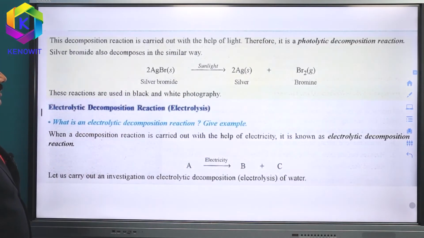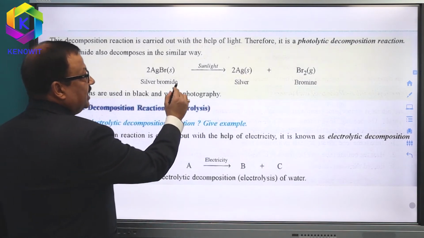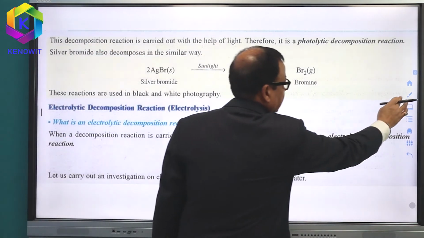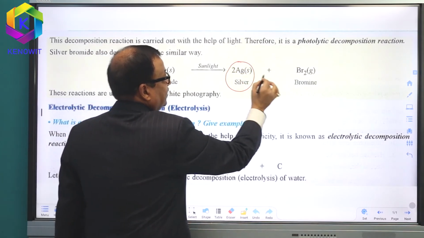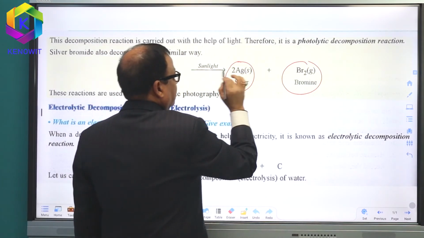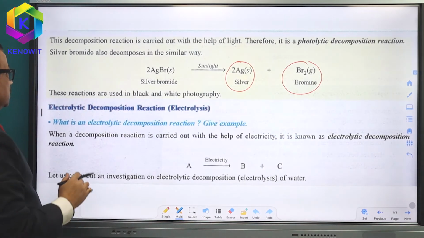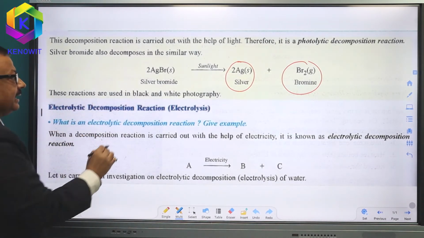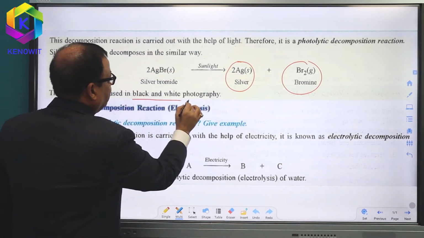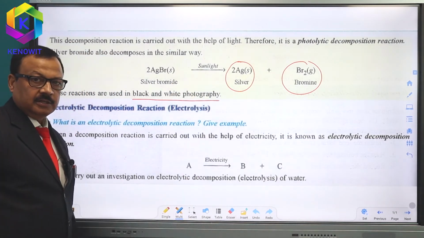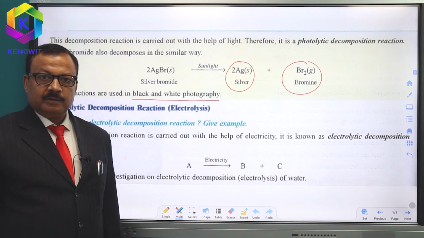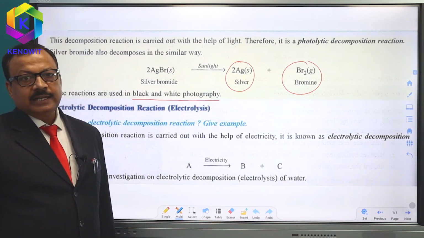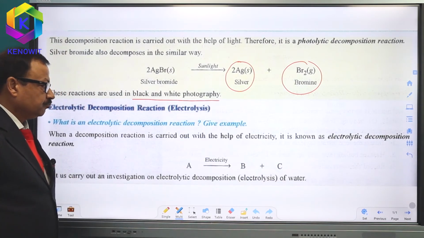Now AgBr, silver bromide, again when exposed to sunlight gives silver and bromine. So silver is grey in color. These reactions are used in black and white photography. This is the application of this photochemical reaction. Silver chloride and silver bromide in sunlight give silver, which is grey in color, chlorine gas and bromine gas.